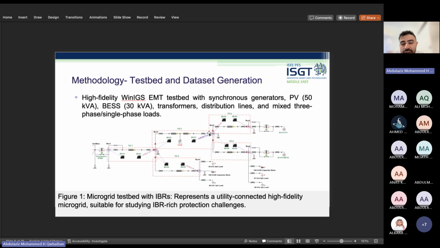Feeder 1 splits into 2 feeders, واحد راح على PV واحد راح على solar cells, الباتري system, and الباتري تغذي load, capacitor bank, 3-phase load, single phase load. This is 1 phase, this is 3-phase, this is 3-phase. Same story here, we have a load. So this is a fictitious system. Okay?